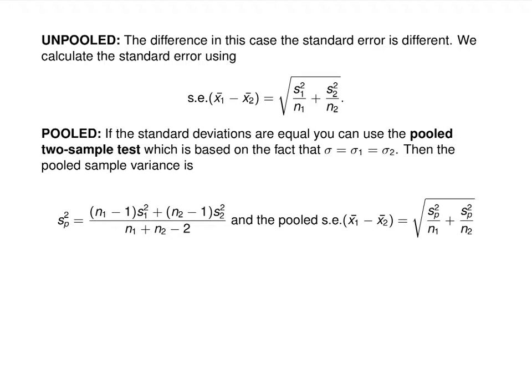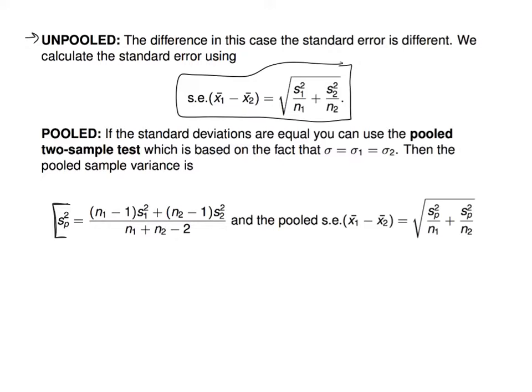Now, one thing that happens with these two-sample means: remember we did this whole thing with the confidence interval, we also did this thing with the pooled standard error. Does that make it ring a bell? Yeah. So you can do either one of these cases. The unpooled case, this is your standard error, which we already know that formula, right? That's not different.